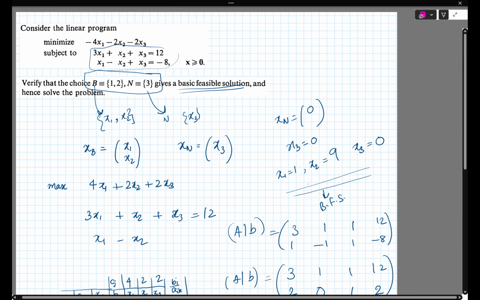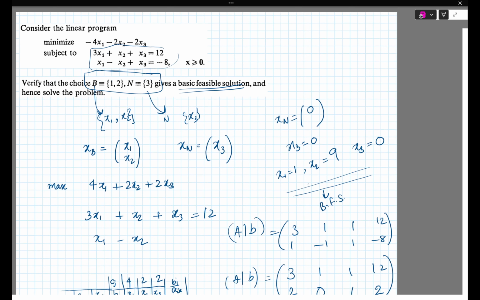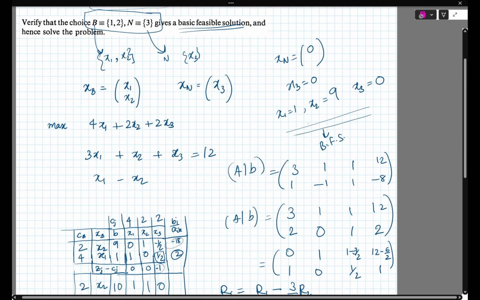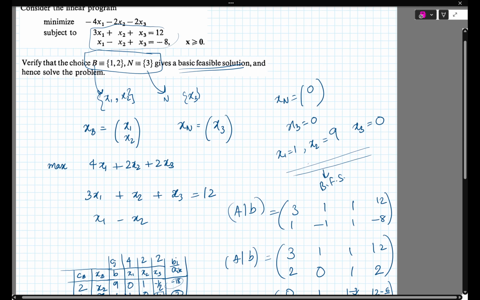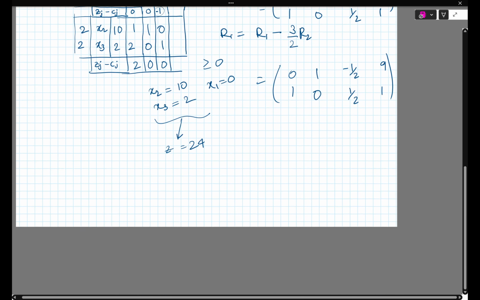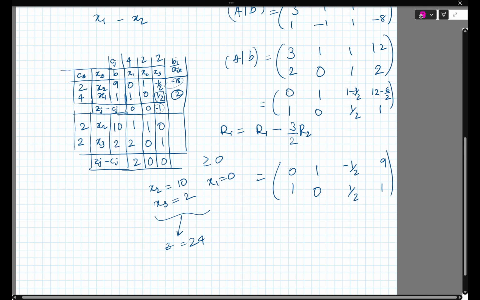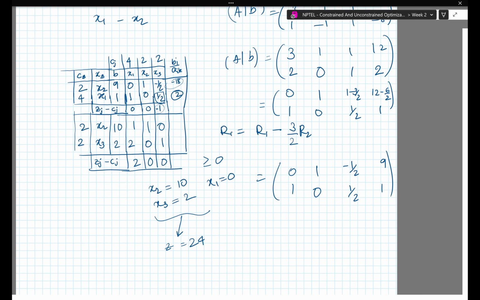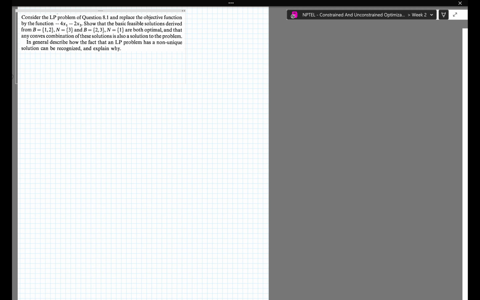What would I have got if I had used this? x3 is 0, that is 18 plus 4, that is 22. Okay, that would have been 22. So this is more. So this is okay. So there's no doubt, right? Yeah, it's okay.